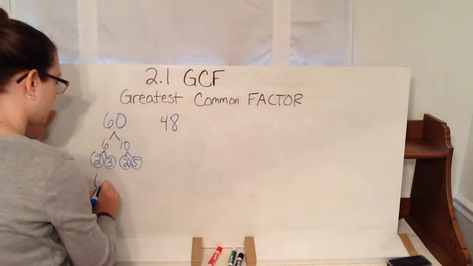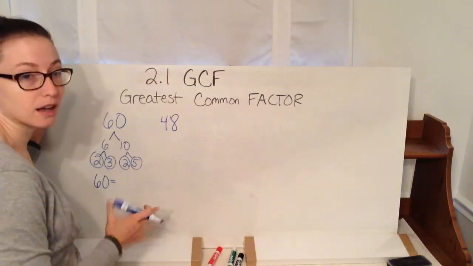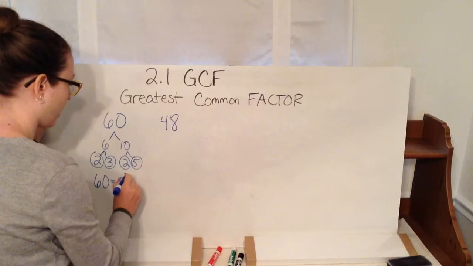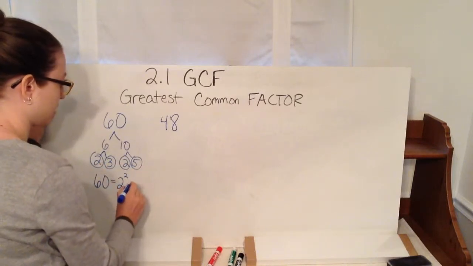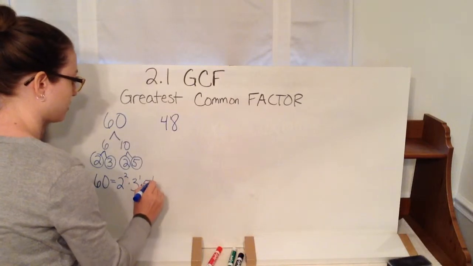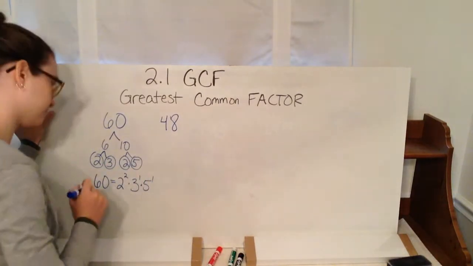So 60, I want to make sure I rewrite it like this so I can see the exponents as well. 60 is 2 squared times 3 to the first times 5 to the first. I have a single 3 and a single 5 in the prime factorization.